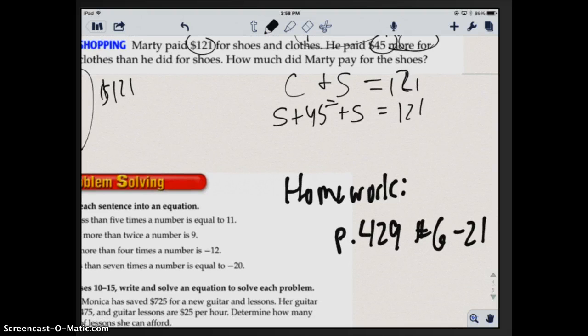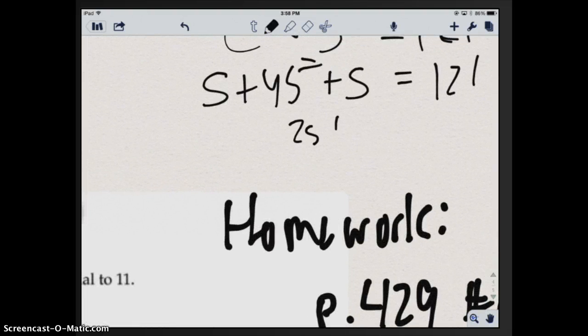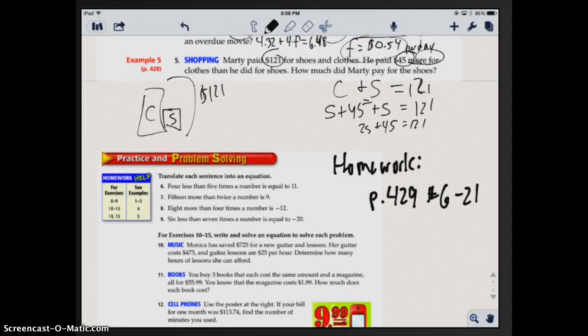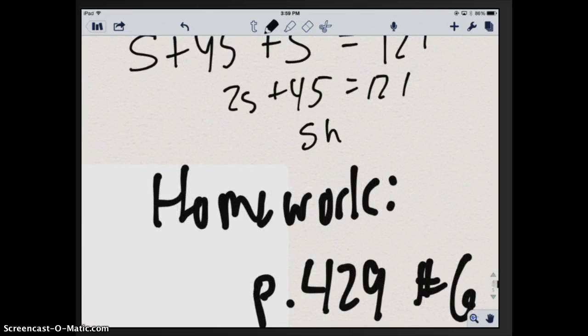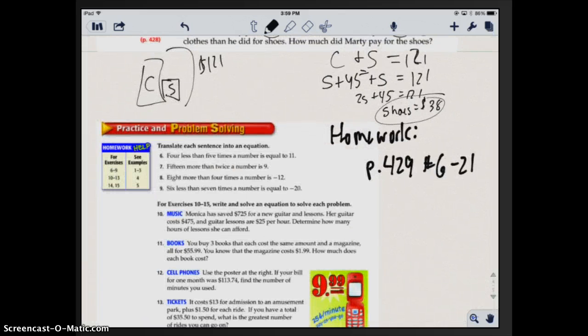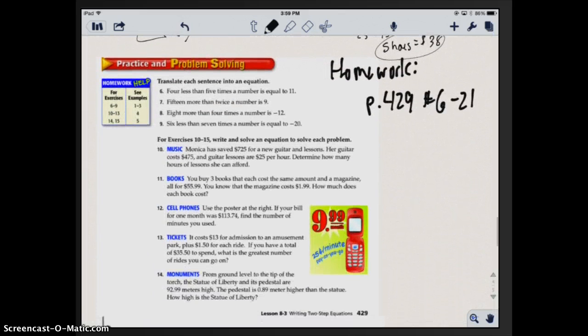So this ends up being 2s plus 45 equals 121, and we end up getting the shoes equals $38. So there's your lesson for today.